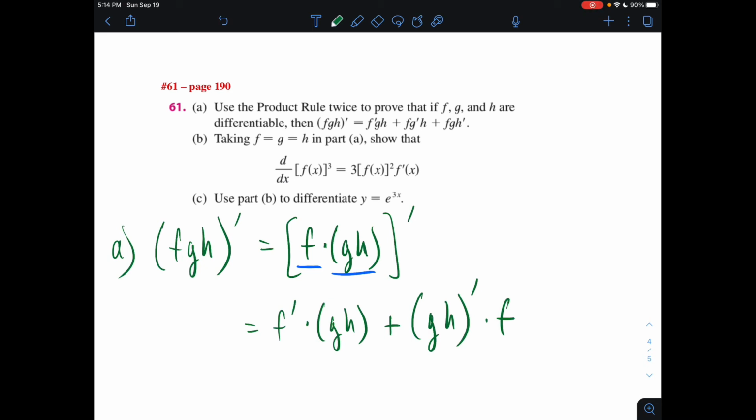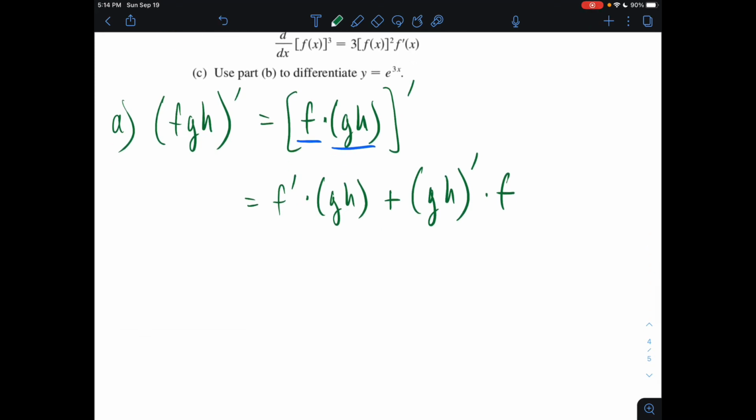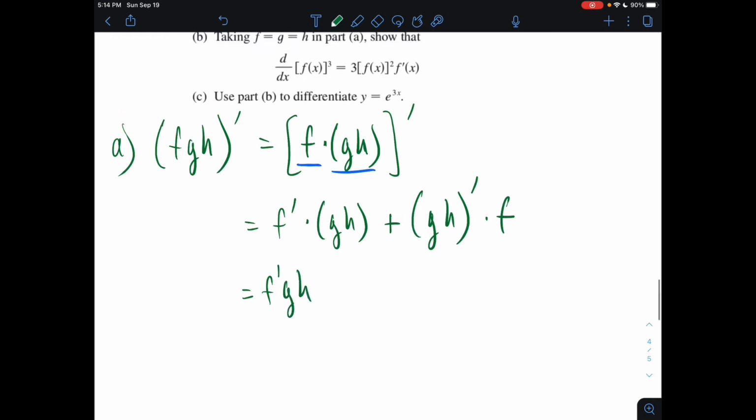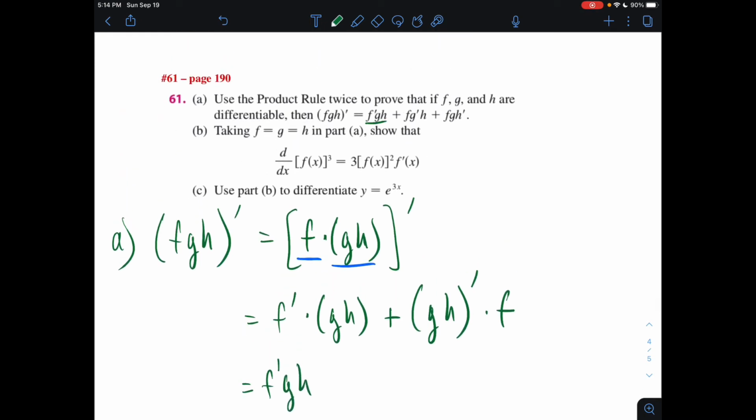All right, so we're using the same product rule. It's just that we're calling the second function a product, g times h. And now we can see what's about to happen. I've got my f prime g h, which is the first part that we wanted.